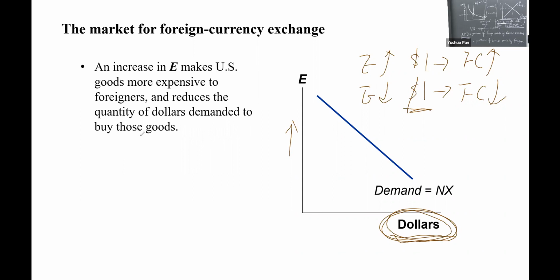If dollars appreciate, then US goods are more expensive for foreigners. In that case, they prefer the cheaper stuff, so they do not want to buy US goods compared with before. So if E increases, the demand, or the net exports, for US goods and services will decrease. That's the relationship between the exchange rate and the NX demand curve.